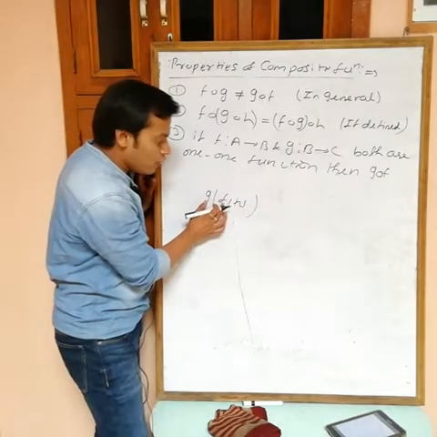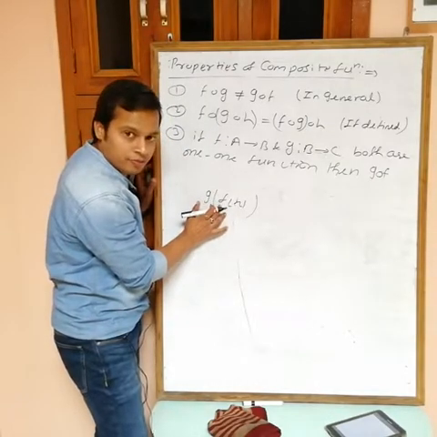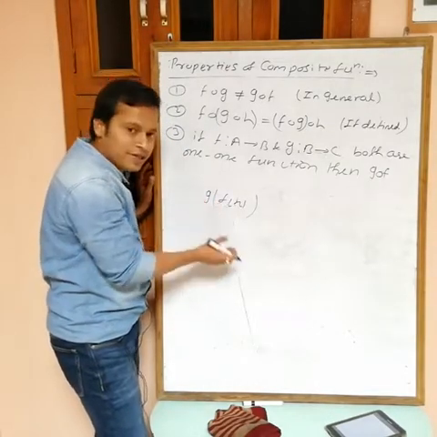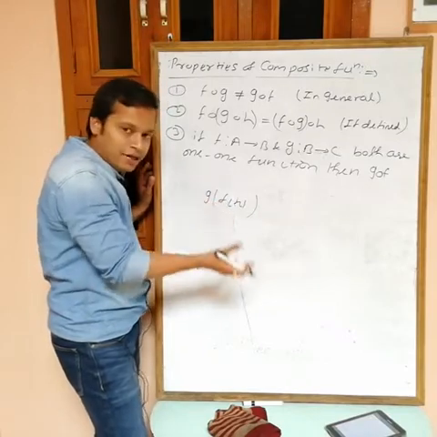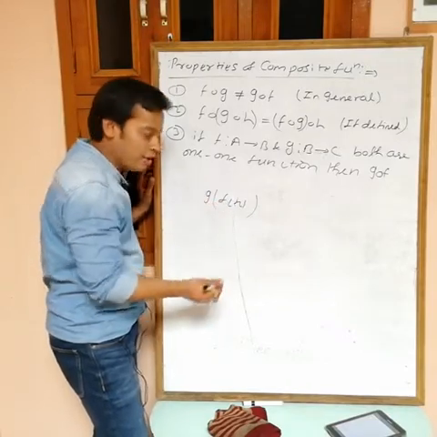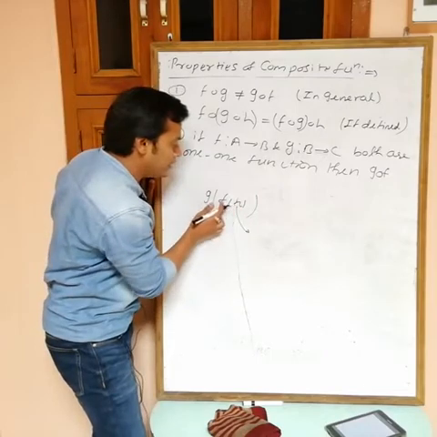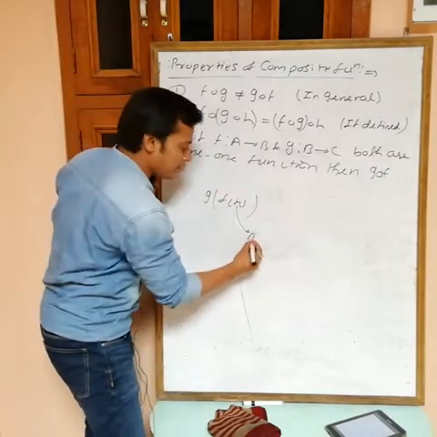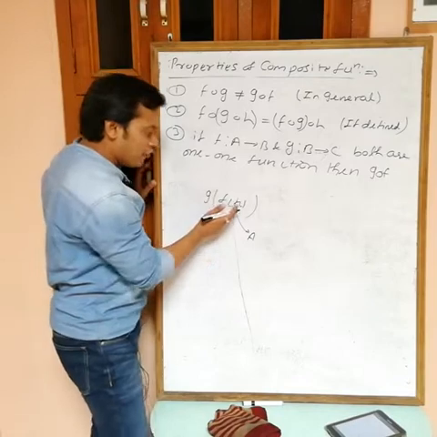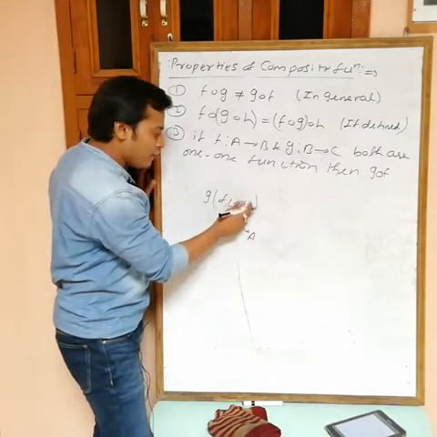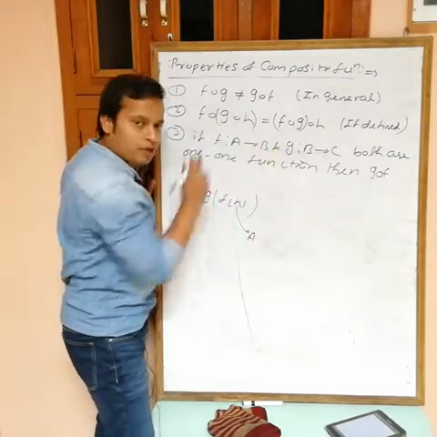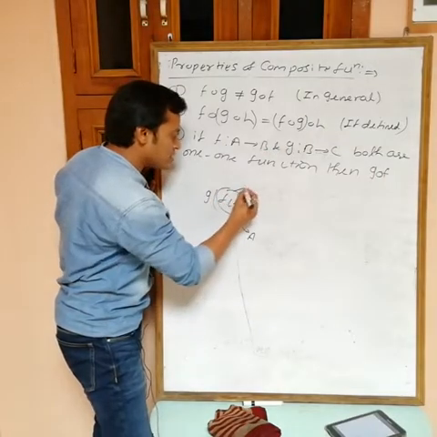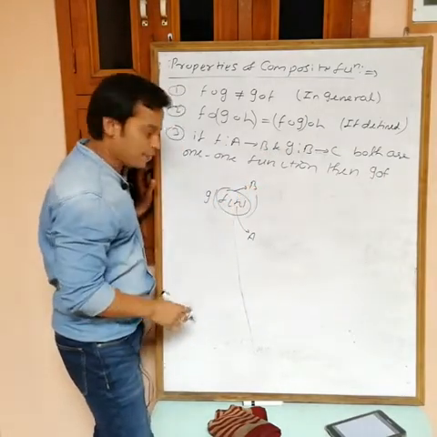So you can put value of x from domain of f, because f can't accept a value which is not in domain. So x must lie in domain of f, it means A. So x in A. After, if x belongs to A, then value of f x you will get in B.